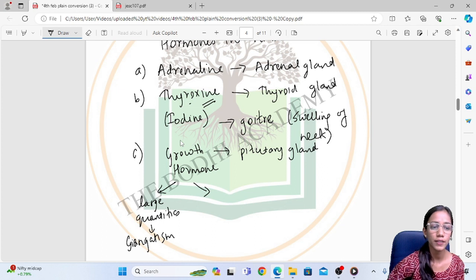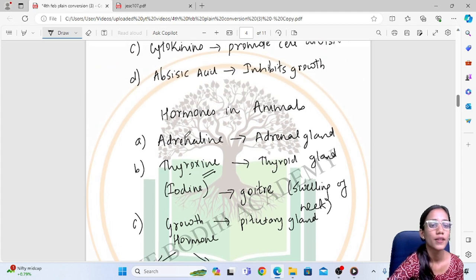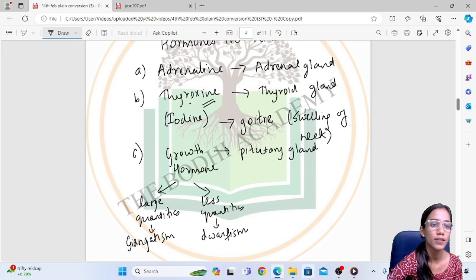And if it is produced in lesser quantities, it causes dwarfism. So these are the hormones in animals: adrenaline, thyroxine and growth hormone, which are produced by different glands.